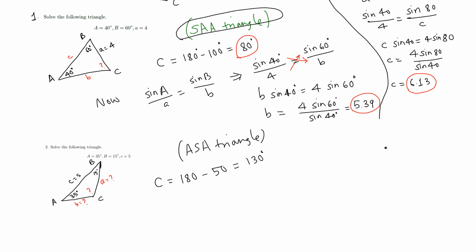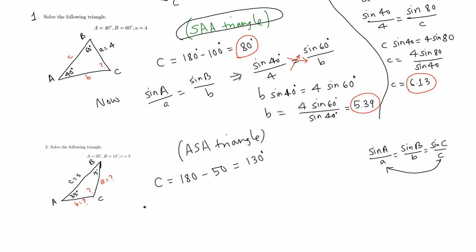Now we know the law of sines. That's sine A over lowercase a, sine B over b equals sine C over c. And lowercase c was given. So I want to use first and last because all the angles are now known and lowercase c was given.